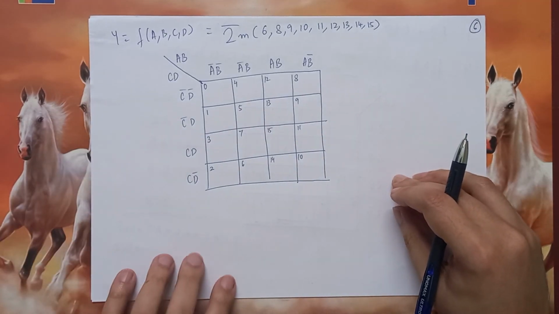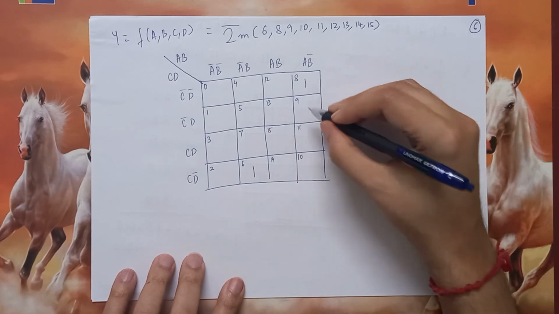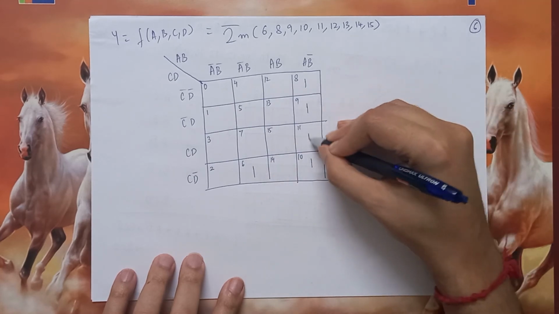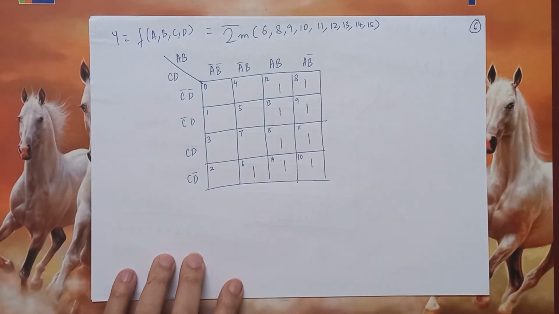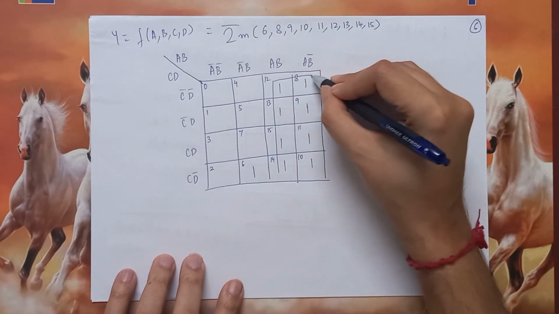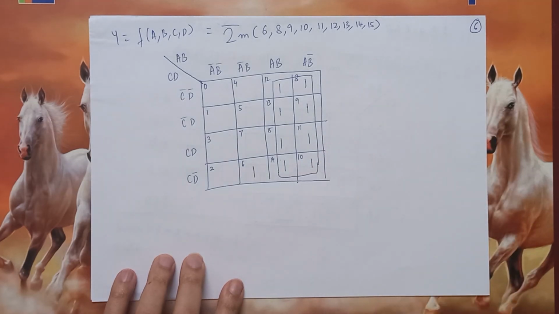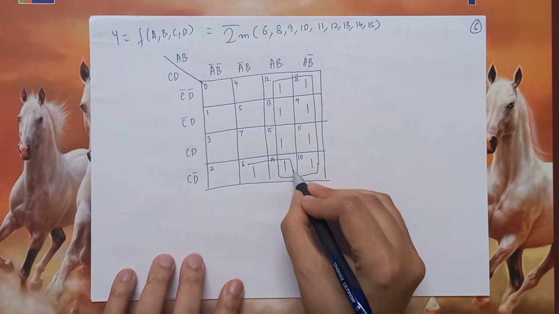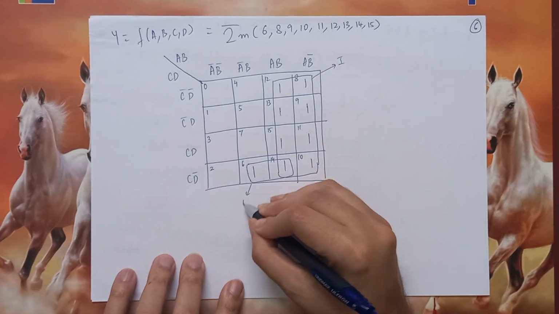Alright, so let's start filling in. 6, 8, 10, 11, 12, 13, 14 and 15. How can we solve this K-map? I can here make a group of 8. Remember, the larger the group size, the simpler the solution. And finally, I can make one group over here. This is group 1, this is group 2.